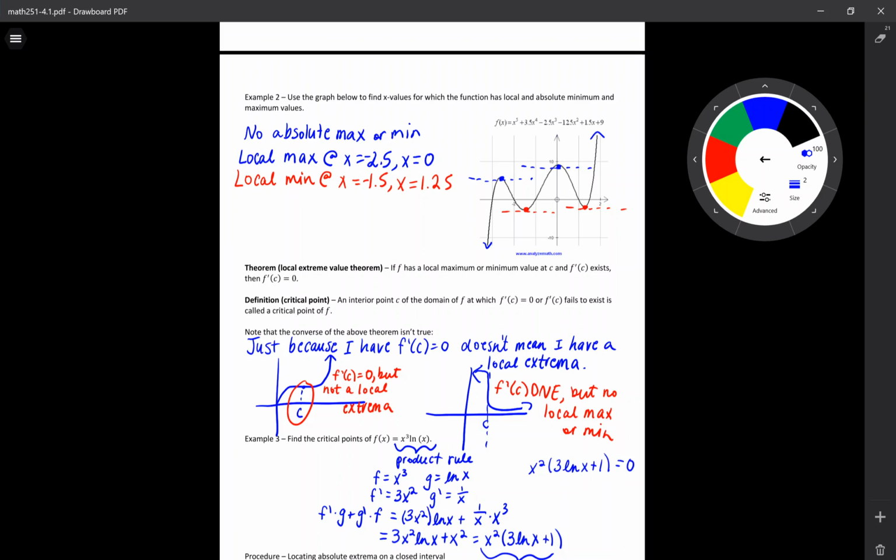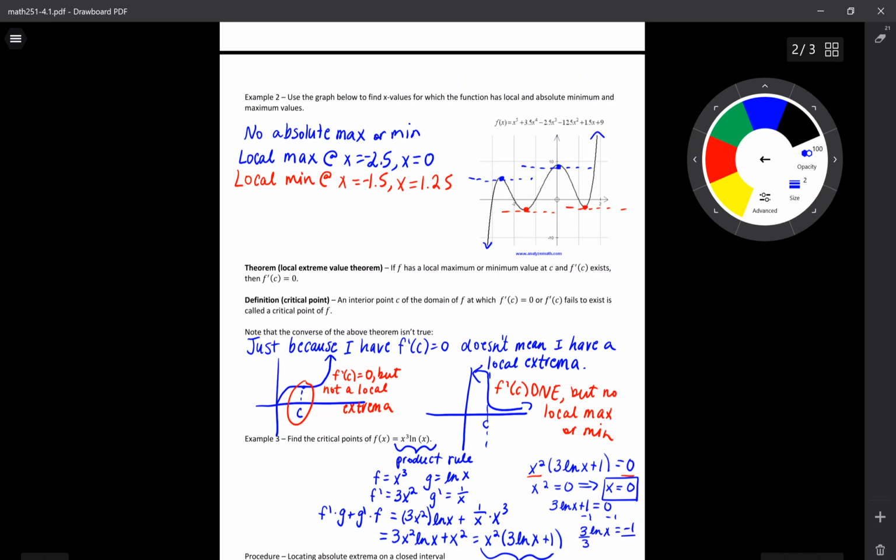This means that, let's see, if I set each factor equal to 0, I get x squared equals 0. Which means that x is equal to 0. That is one critical point. And if I set the other thing, 3 natural log of x plus 1 equal to 0, that's our other factor. Well, I'm going to subtract 1 to get 3 natural log of x is equal to negative 1.